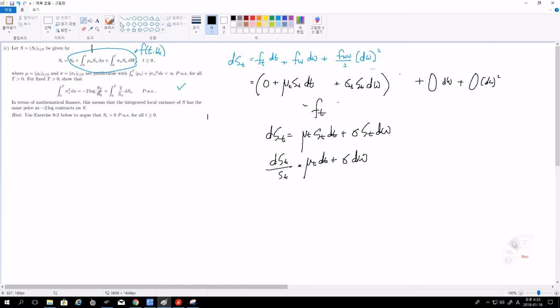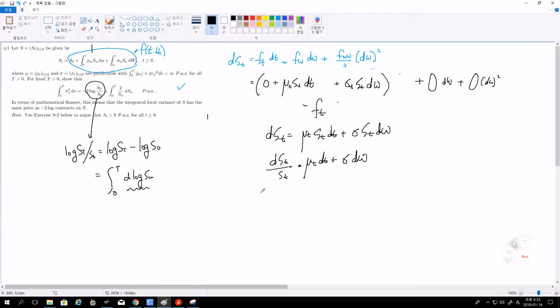So if we write this one, log(S_t over S_0) is log S_t minus log S_0, right? So you can interpret this as the integration from 0 to t of d log S_u, something like this. So we also need to calculate something like this.